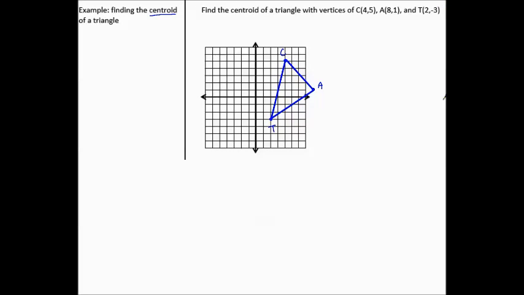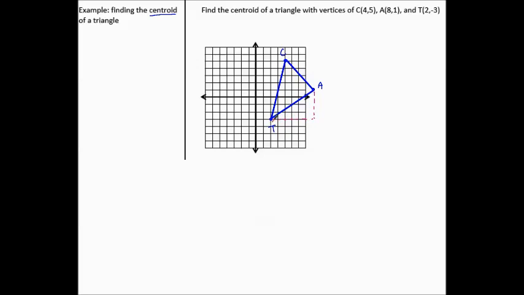Now, let's take a moment and locate the midpoint from T to A. To do this, we can draw a right triangle, and we can either count the height or the x distance between these 2 points.